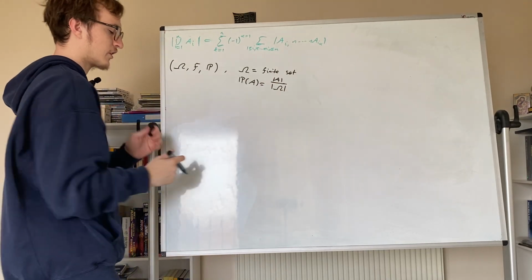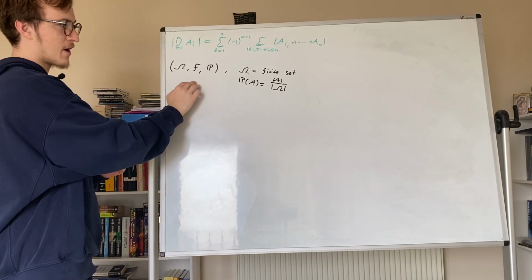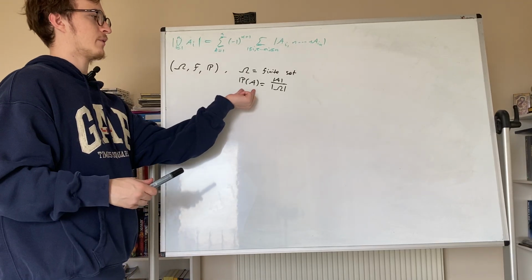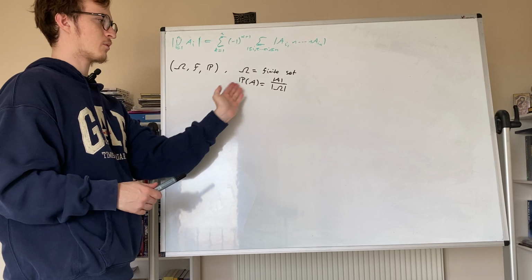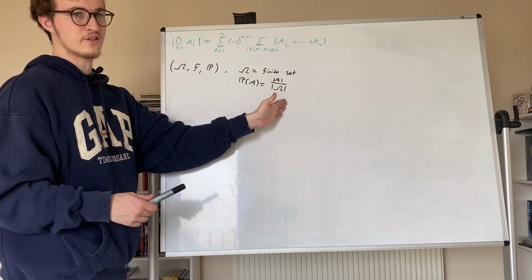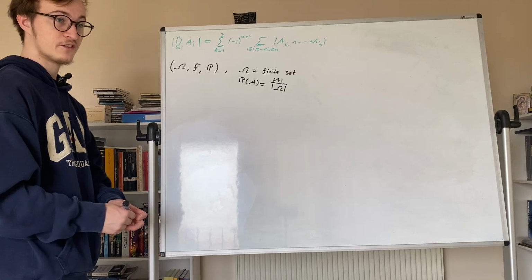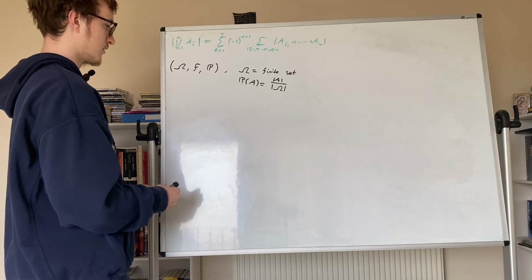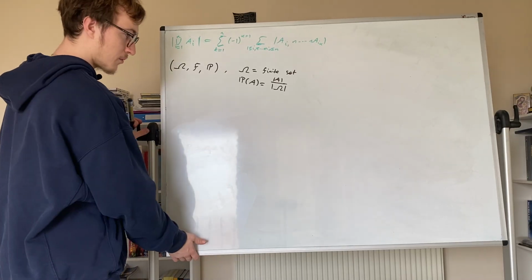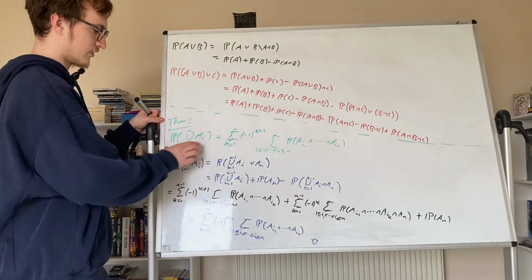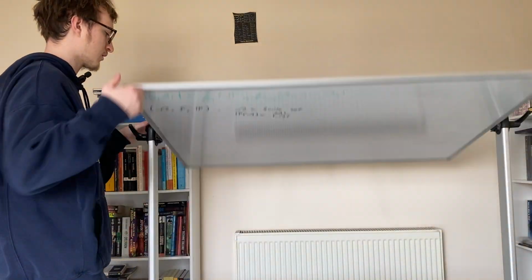So A is just some subset of Omega, F is the sigma algebra, just the whole power set, and our probability function is given by the probability of A is just the size of A divided by the size of Omega. And if we apply this probability then to our probabilistic version of inclusion-exclusion, then we get that the probability of this is equal to that.